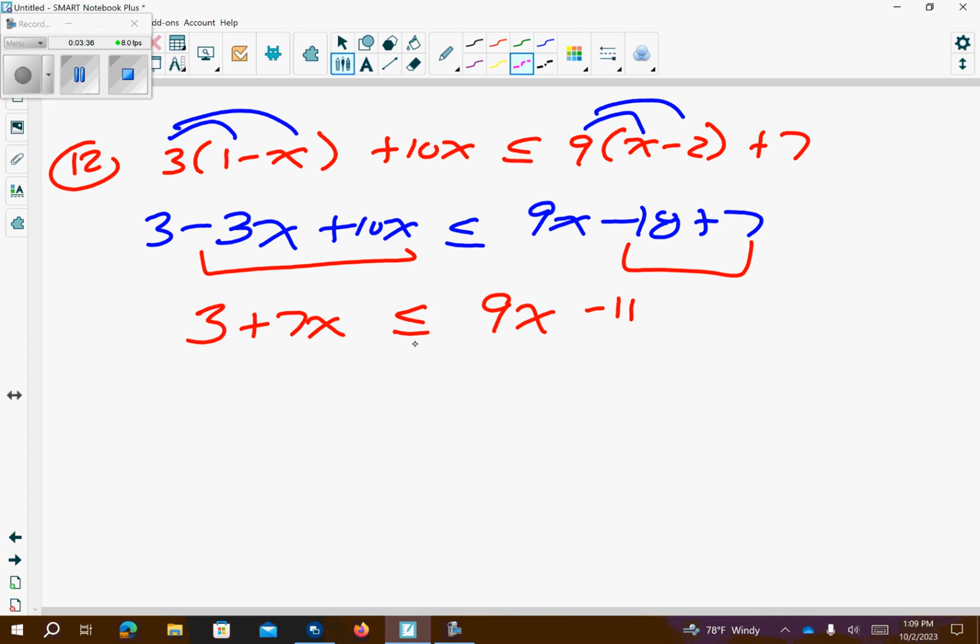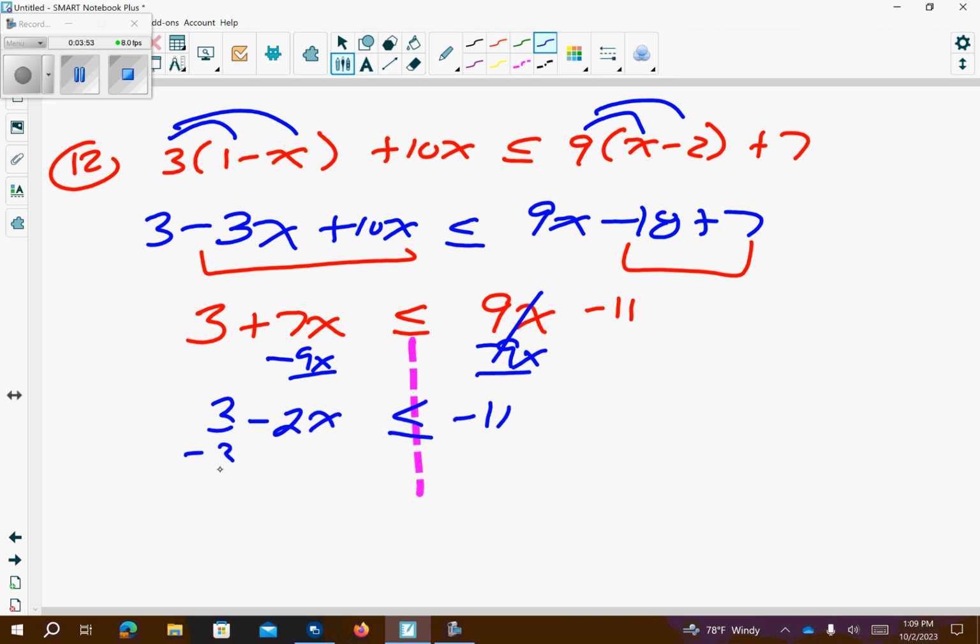Let's get the x's on the same side. So I'm going to subtract 9x from both sides. Those cancel. So 3 minus 2x, excuse me, because 7 minus 9x is 2x. Subtract 3. Negative 2x is less than or equal to negative 11 minus 3 is negative 14.